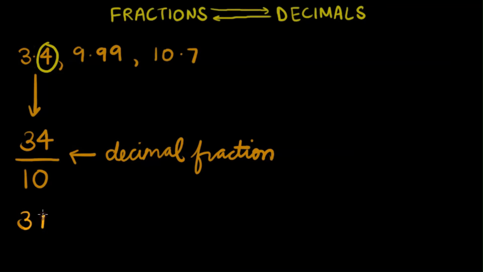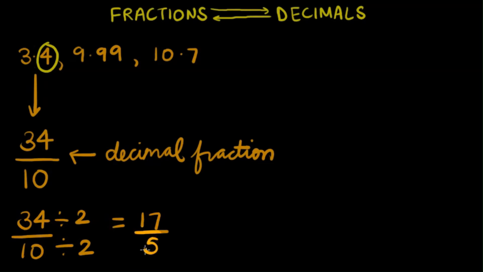Basically, we'll divide both the numerator and the denominator by their highest common factor, which is 2. So this will get us 17 upon 5, or 3 2 upon 5. This is the final fraction we get.